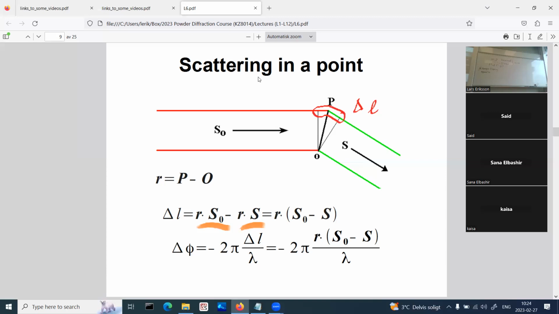This length difference means a time difference, and thus, if we had the wave, there is a phase difference between the lower and the upper path. So we will have diffraction or interference.